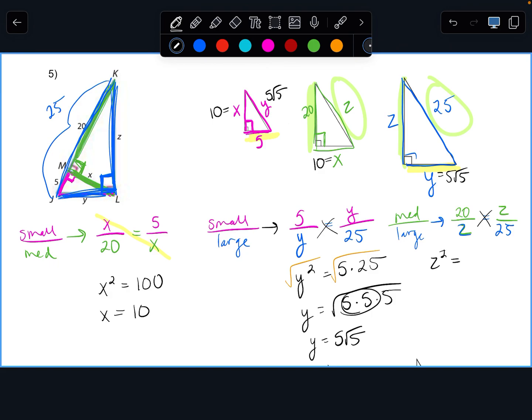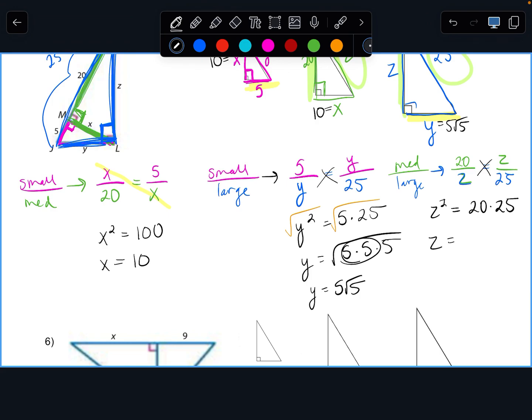So z squared equals 20 times 25. And then you're going to break up all the pairs. So we get 2, 2, 5, and then 2 more 5s. So we have 2 and 5, so what is that, 10? 10 root 5 is your z.